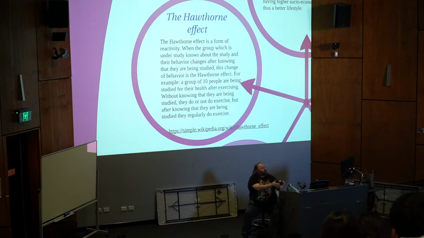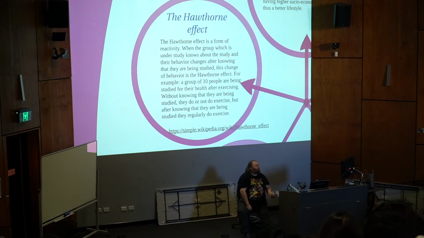If you know you're in a study and you know you're being looked at, you're going to try and improve. You're going to try and work harder. And that's what the Hawthorne effect is, that people will work harder if they know they're being watched. I know I'd say less dodgy things when I know I'm being filmed, because that's going to be published.